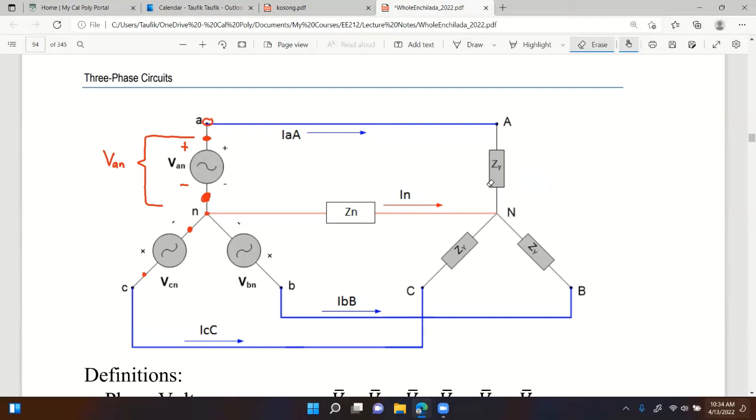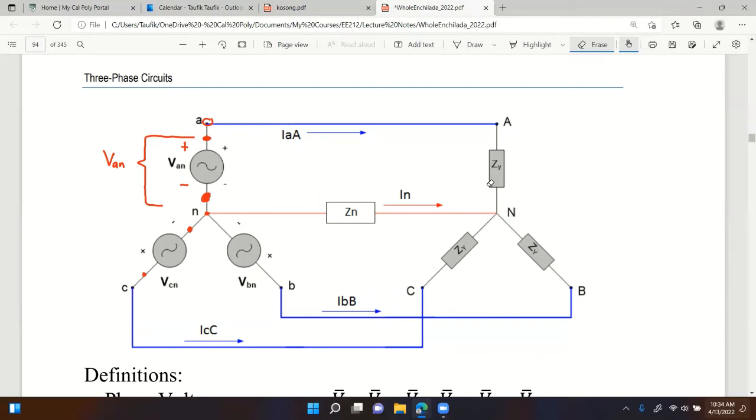The actual name is line to line voltage. By definition, or following the name, it means that it's the voltage that appears across two lines. That's why it's called line to line.